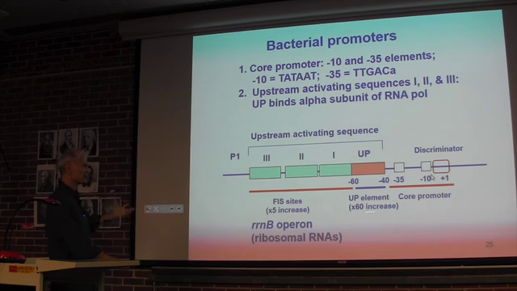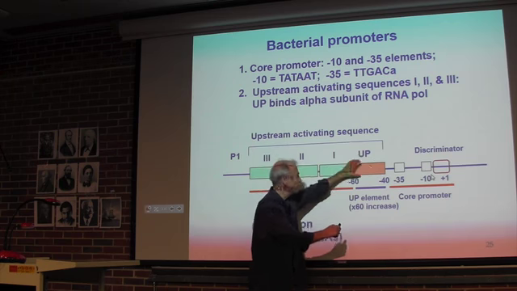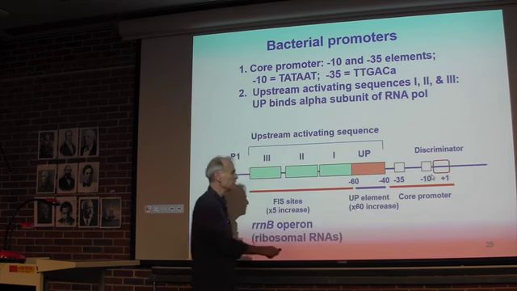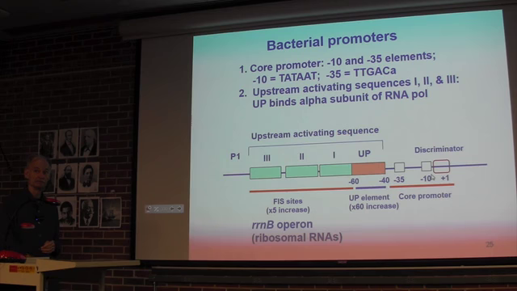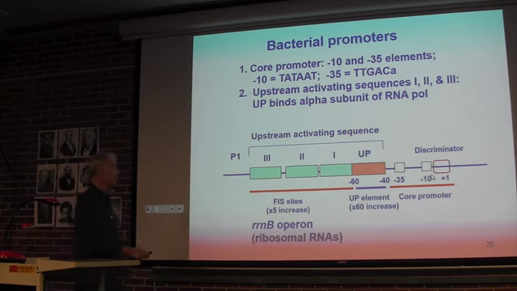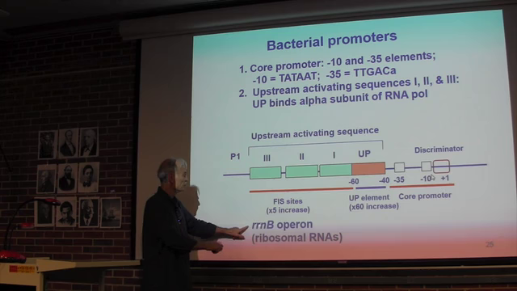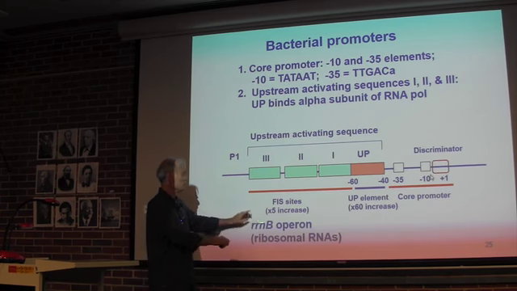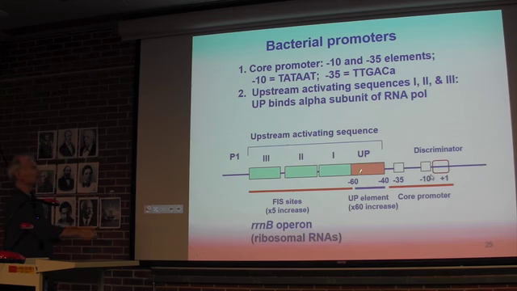So let's look at the contributors to its activity. Just by having a UP element here, so you can bind the alpha CTDs, you increase the activity of the core promoter by 60-fold. You can increase that another 5-fold by having these FIS sites. The rRNB operon, which is a ribosomal RNA operon, has a UP element.